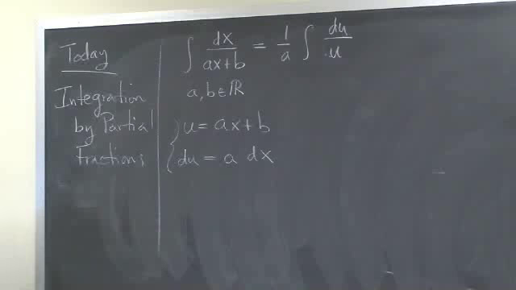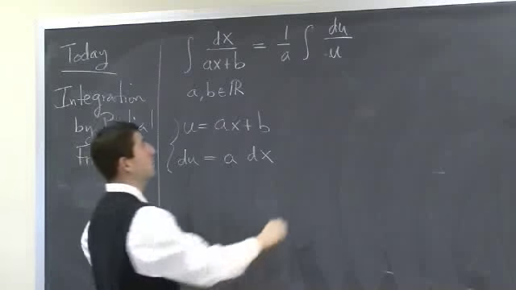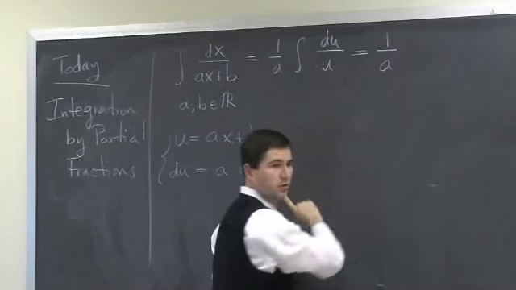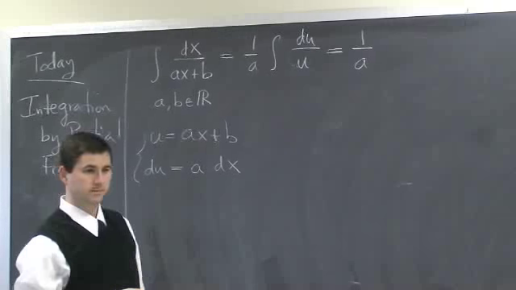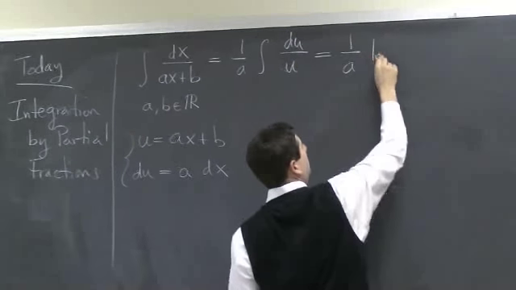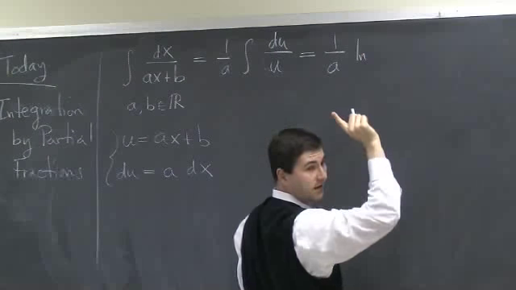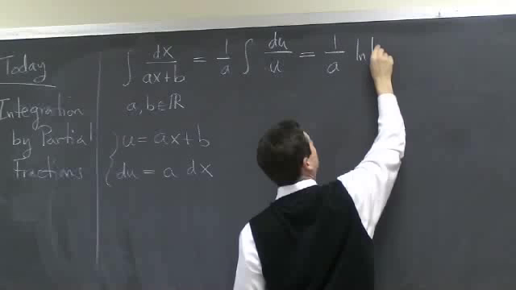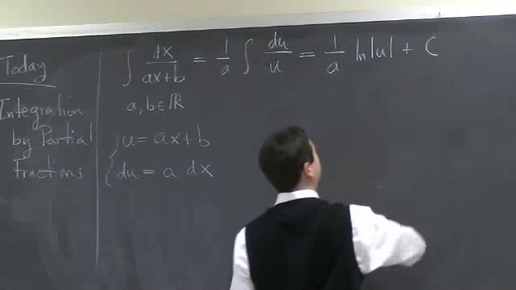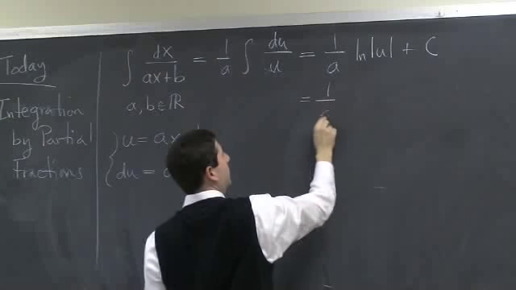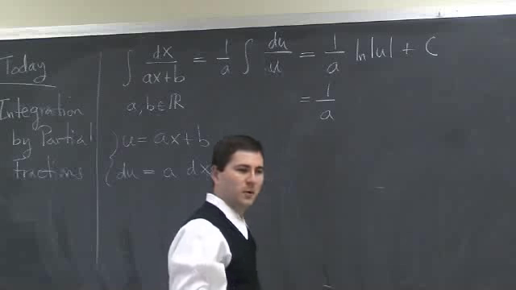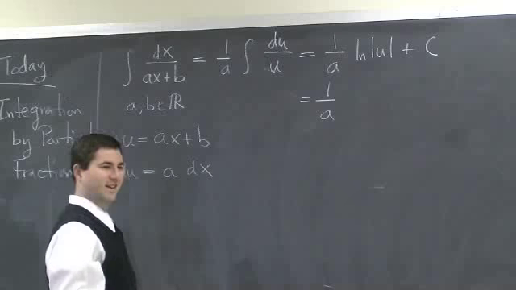And this isn't that bad. So I get 1 over a times, what's the integral of du over u? Natural log, absolute value of u, right? Plus c. And then I can unsubstitute or resubstitute?